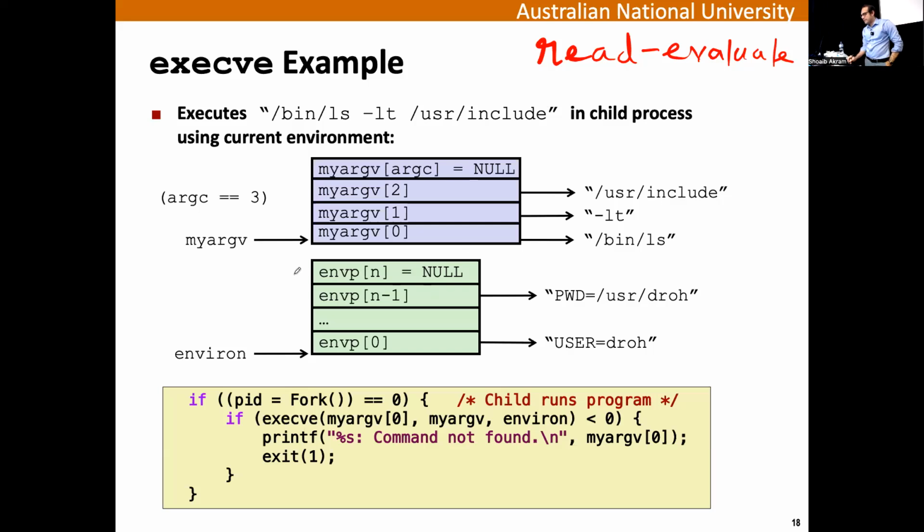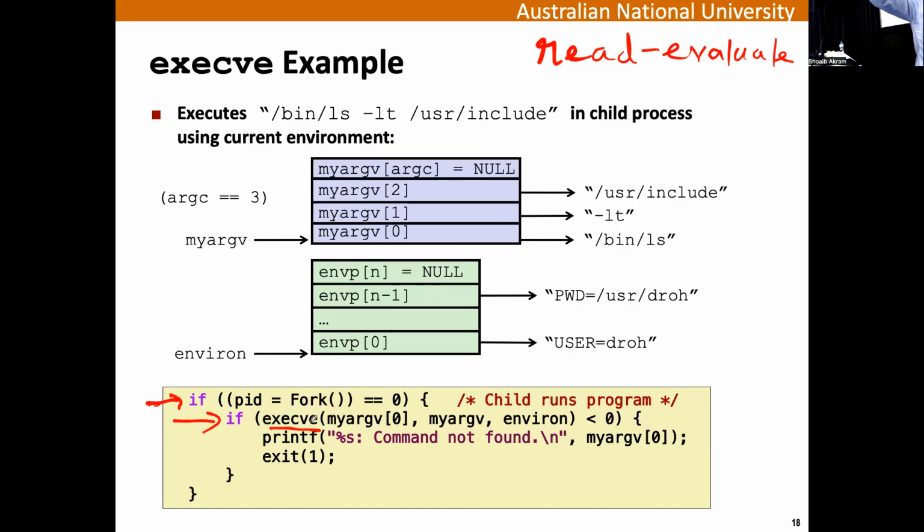So for each of these, it does a fork. It creates a child. Then it does execve. Now, the execve here hijacks or overwrites the address space of who?